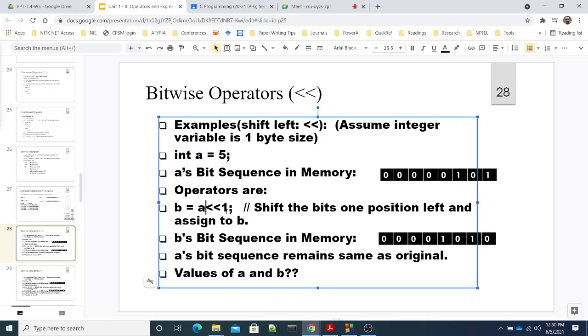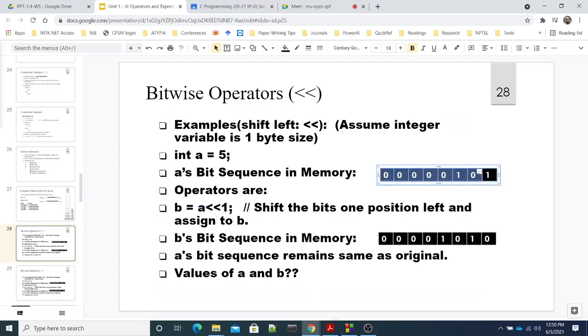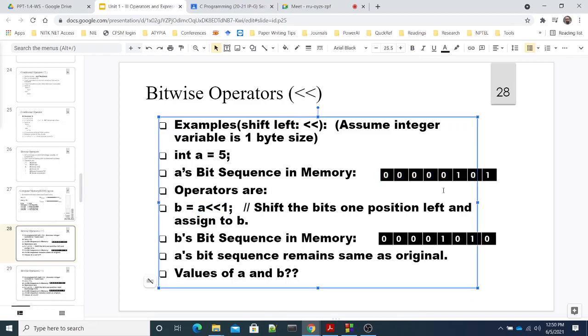So how will I apply the bitwise shift left operator? It is a binary operator. So I have a left operand, my variable, and the right operand is 1. This means the bit sequence of a should be shifted towards the left by 1 position.